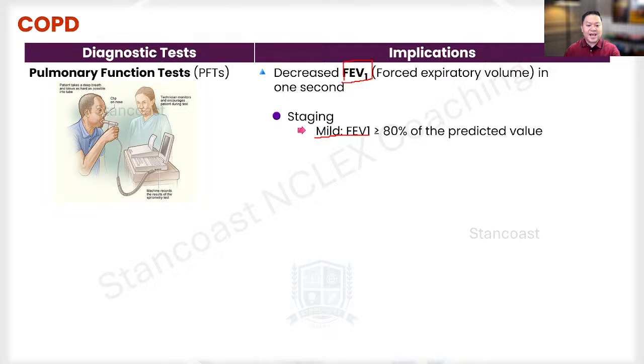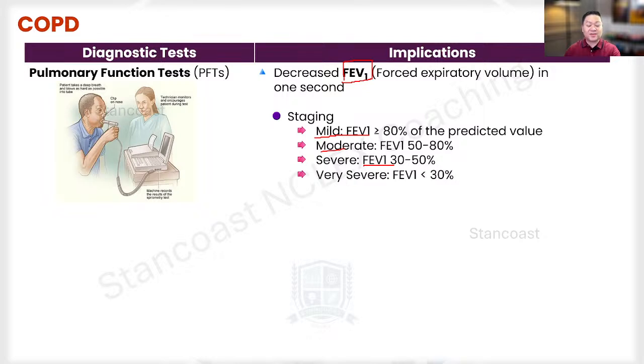Now, if they have an FEV1 of 50 to 80%, then they're categorized as moderate. The severe will be considered if their FEV1 reading is about 30 to 50%. And a very severe form of COPD is going to be diagnosed when their FEV1 is less than 30%.